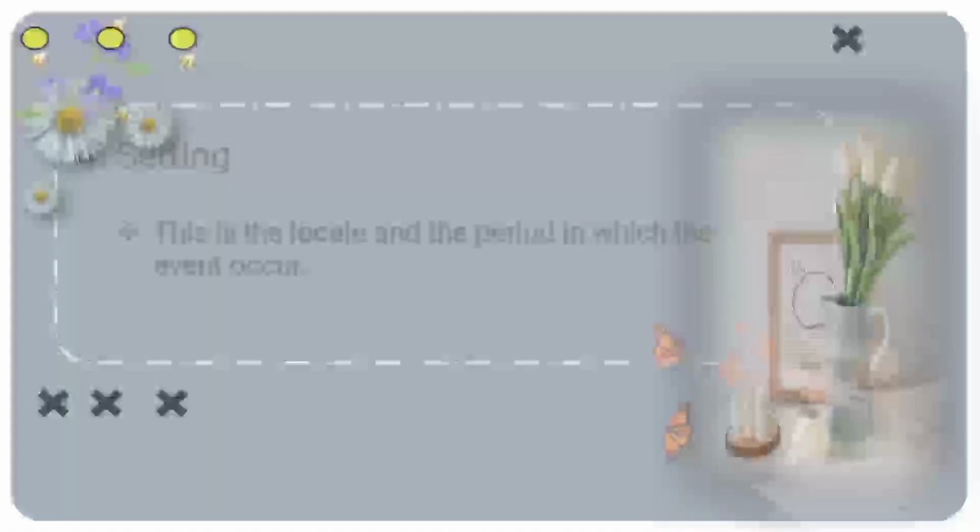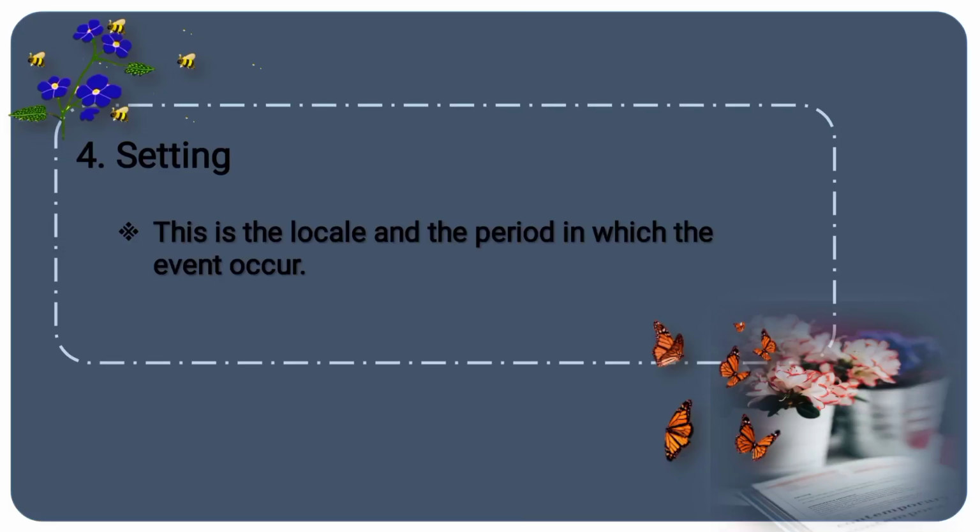So, next element of a short story is the setting. This is the locale and period in which the events occur. A story must take place in space and time and therefore must have some setting. But the importance of setting varies greatly from story to story. So, bawat kwento ay may iba't ibang setting. So, usually, the setting is introduced at the beginning.